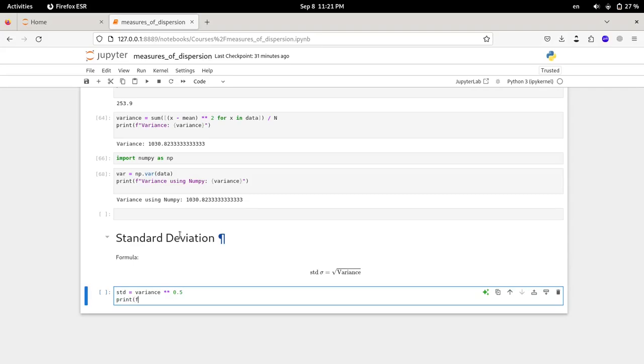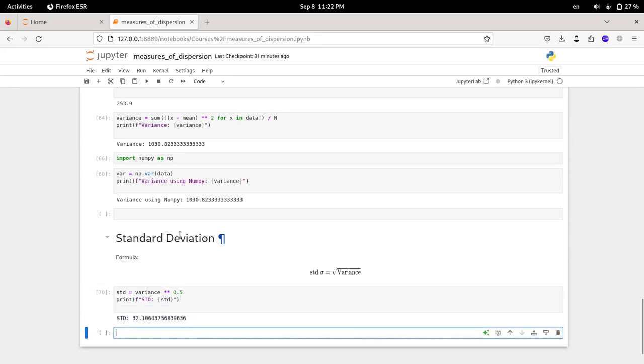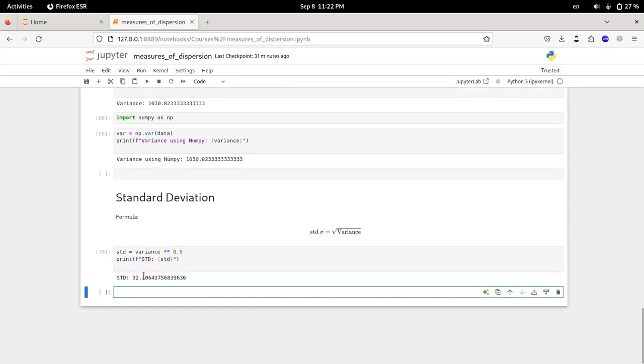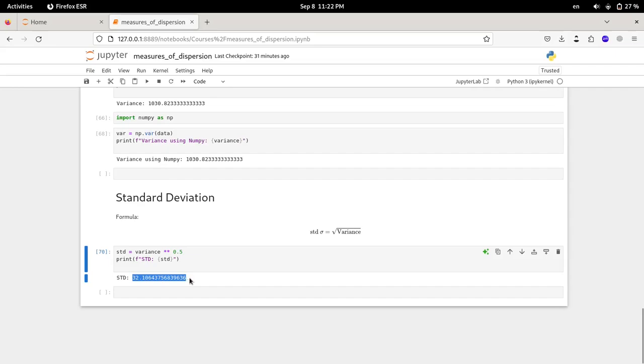Now if we print it, we get 32 point something. So this is our standard deviation.